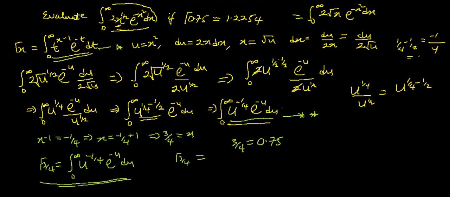So 3 over 4 is equal to 0.75, and gamma 3 over 4 is equal to 1.2254. This is also equal to gamma 0.75. So this is your answer.